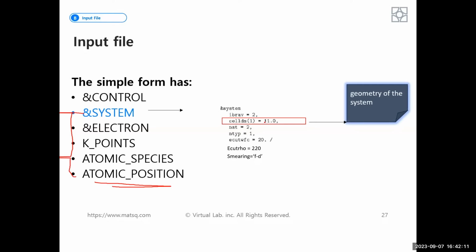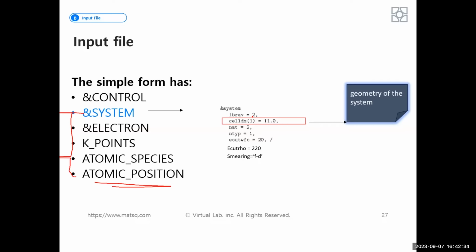We also have several values of this one, like 2, 6, and it can also define the shape of the cell. For example, celldm(2) and celldm(3) are the ratios of the second and third lattice vectors to the first, respectively.